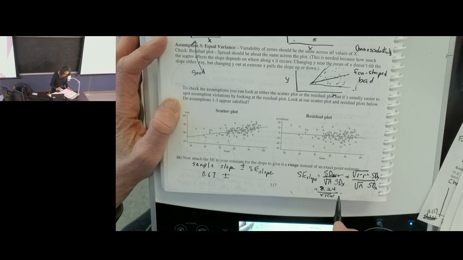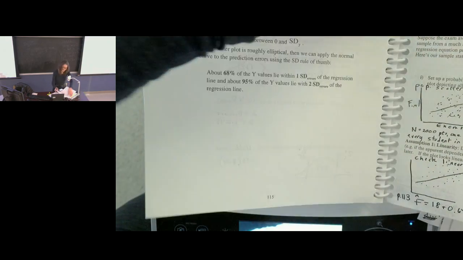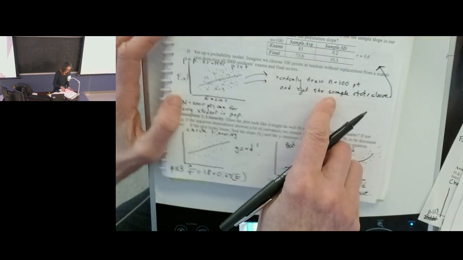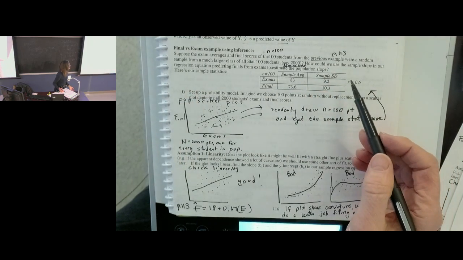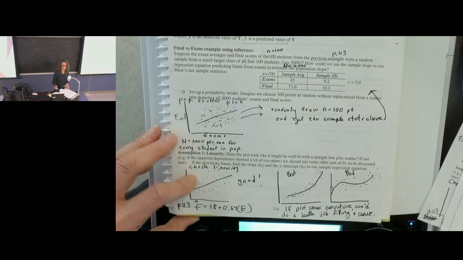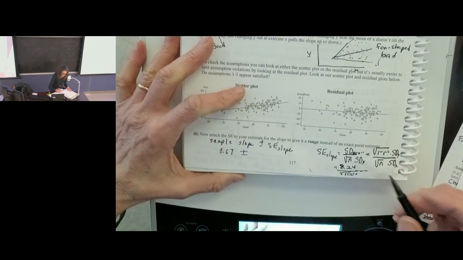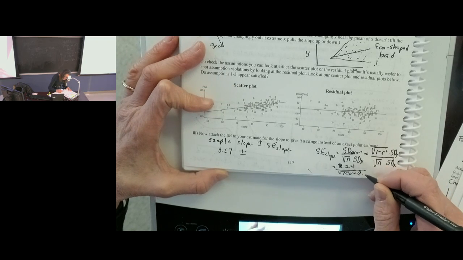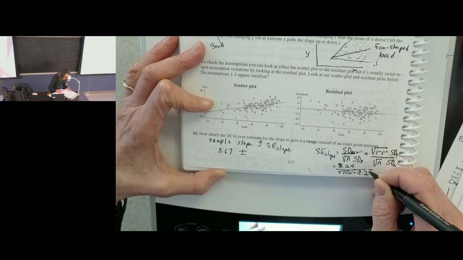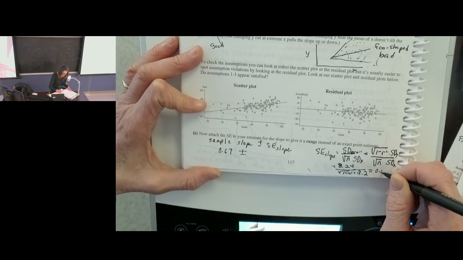Not 10.3. I want the standard deviation of the x's, so it's 9.2. Does everybody understand that? Thank you for catching my mistake. So times 9.2, and when I did that, I got 0.09.